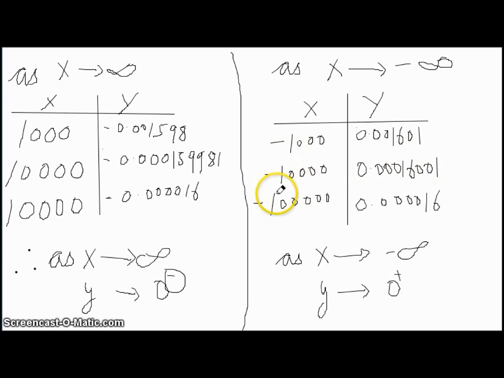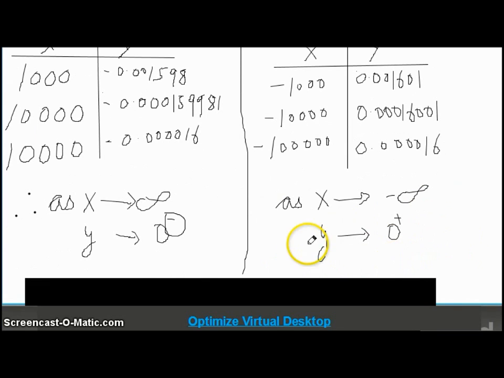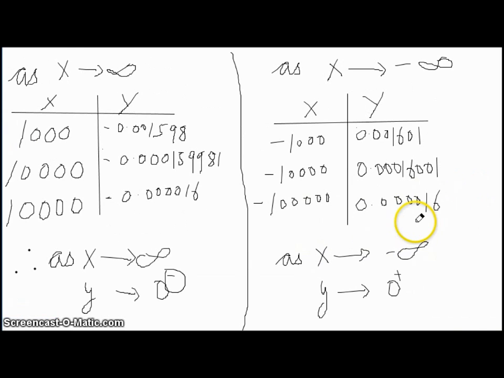As x is -10,000, y is 0.00016001, and as x is -100,000, y is 0.00016. As x approaches negative infinity, y approaches 0 from the positive side, meaning from the positive y-axis.